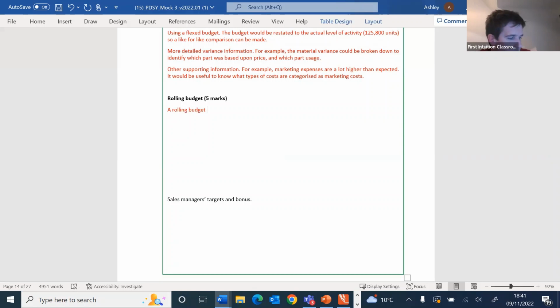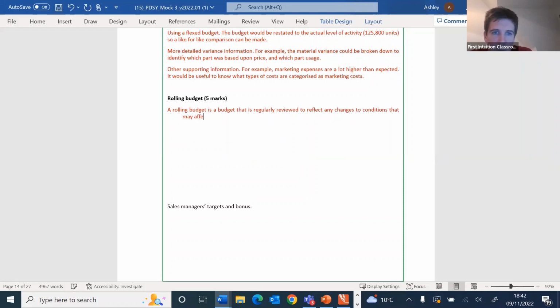A rolling budget, it's a budget that's regularly reviewed to reflect any changes to conditions that may affect Horizon.